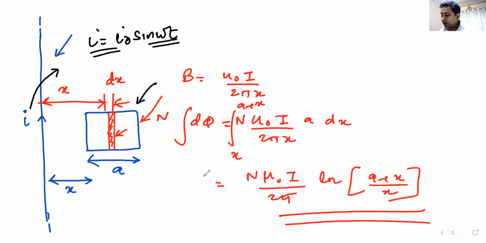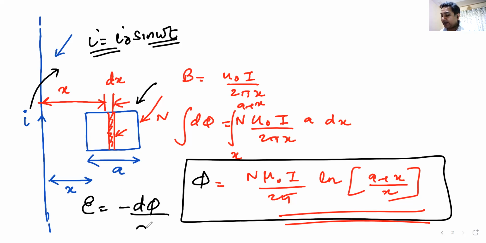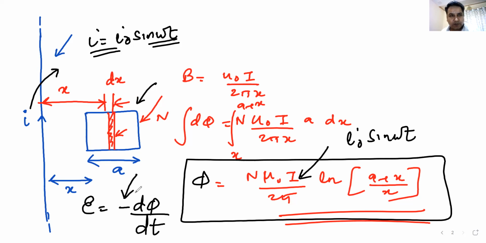Well, you already have the flux. To find the EMF induced, you only do minus d phi by dt. You put the value of I as I naught sine omega t, differentiate once with respect to time, put a negative sign for Lenz's law, and you will get the EMF induced in the coil as a function of time.